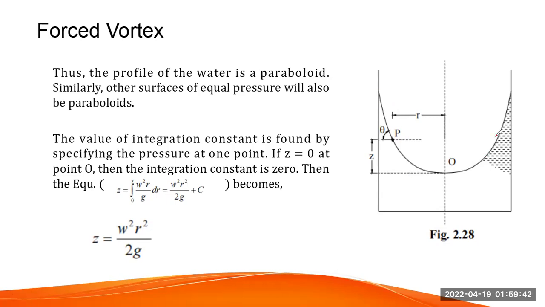Similarly, other surfaces of equal pressure will also be paraboloids. The value of the integration constant is found by specifying the pressure at one point. So, if yung ating z is equals to 0, or yung ating point na i-consider is point O, then the integration constant is 0. Then yung ating equation na mention natin kanina will become z is equals to omega squared times radius squared over 2g.